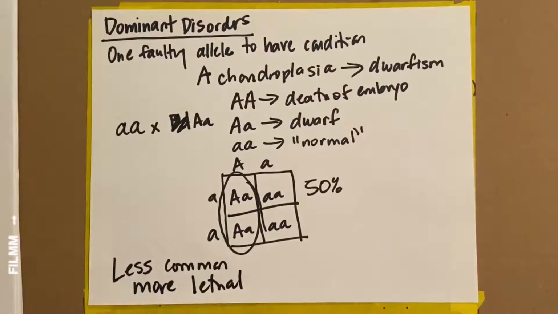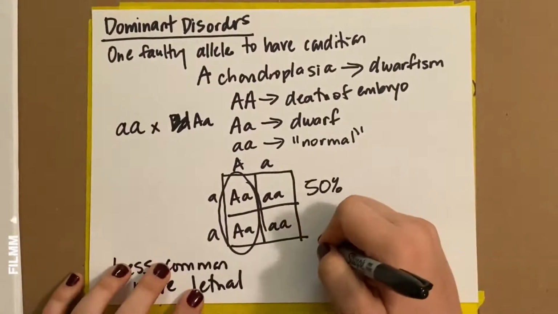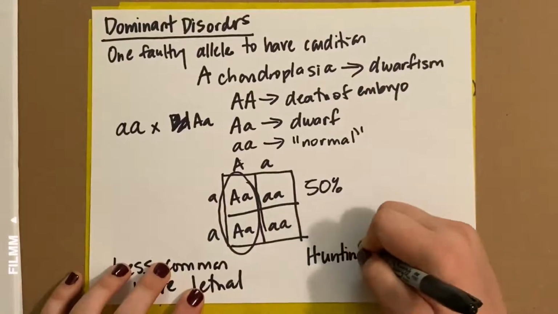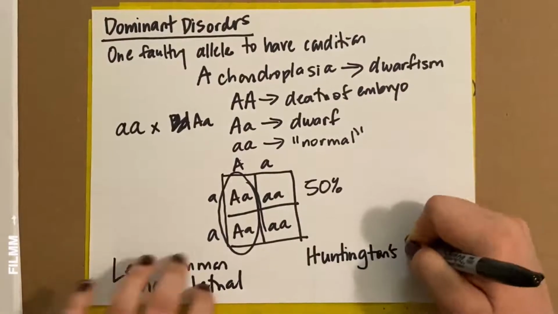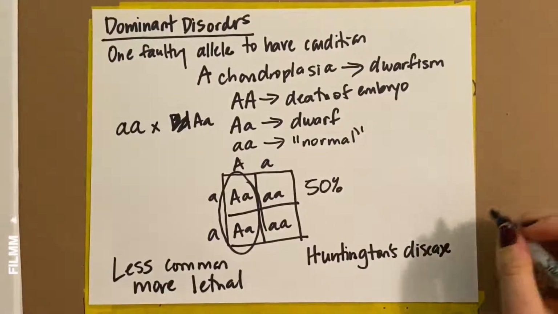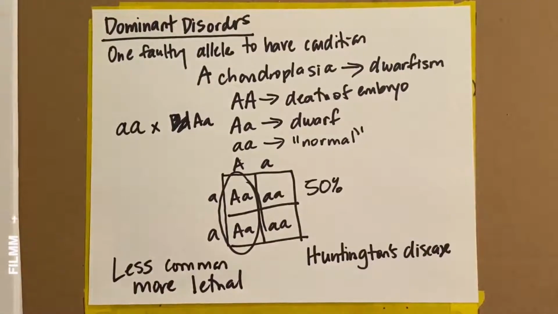Okay, one really good example of a dominant disorder is called Huntington's disease. What happens with Huntington's disease is that there is neurodegeneration, which is where the nervous system starts to degenerate. The problem with Huntington's disease is that it doesn't start to show until after childbearing ages.